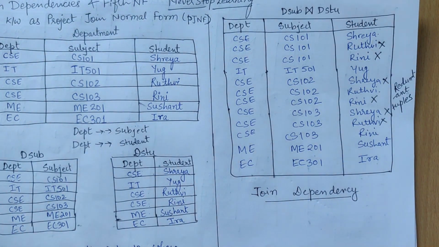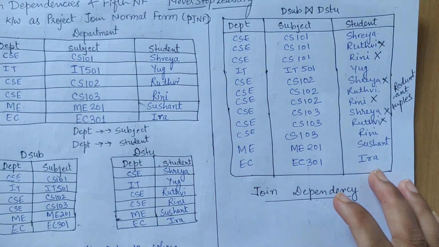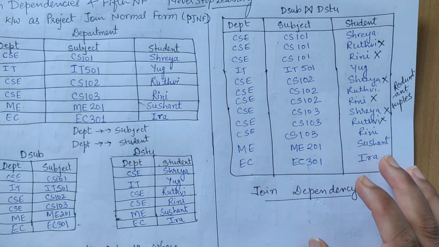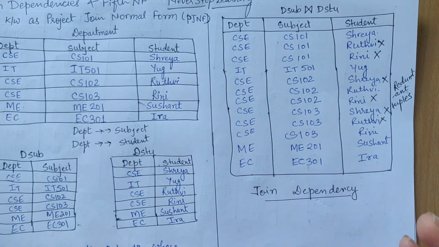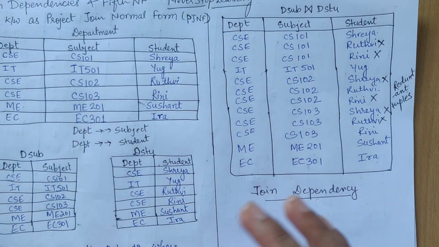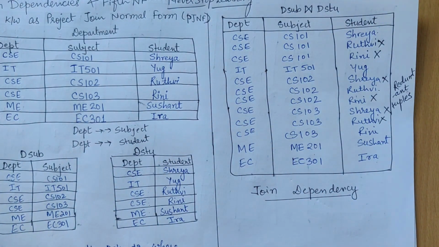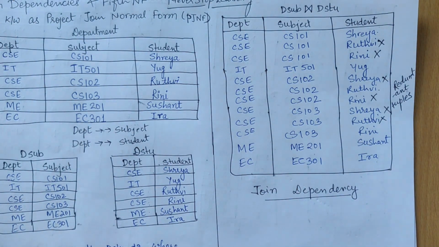So if I give the definition of join dependency, a join dependency exists where redundant rows are generated when tables are recreated through the natural join operation. Because in the natural join operation we look at the common column, and on the basis of that the tables get joined.